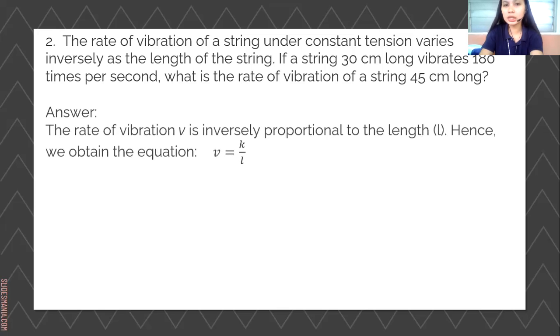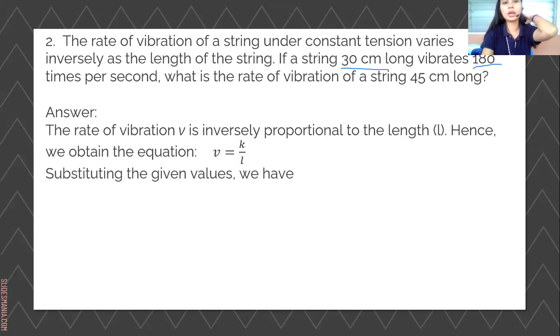So if we're going to translate this, we have vibration po, the rate of vibration kasi, and then the length of the string po. Tignan lang po muna yung first given natin. Sa 30 cm daw po, meron tayong 180 times per second po yung vibration niya.